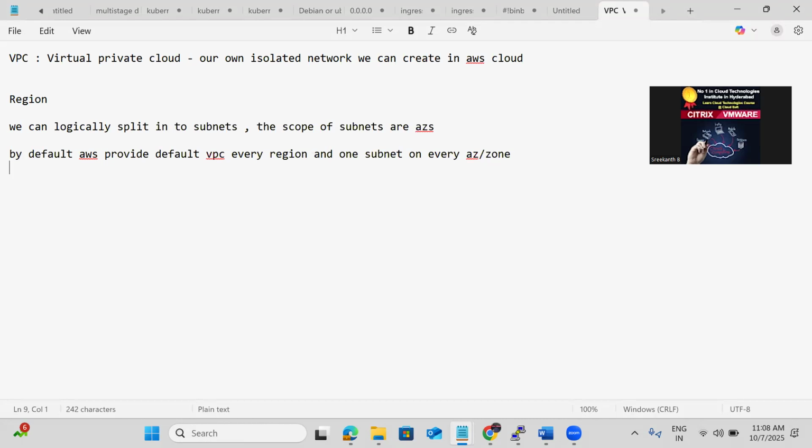But very long back, AWS used to provide only the classical kind of VPC, which was a shared kind of thing. As of today, they provide a default VPC in each and every region, depending upon our requirement.